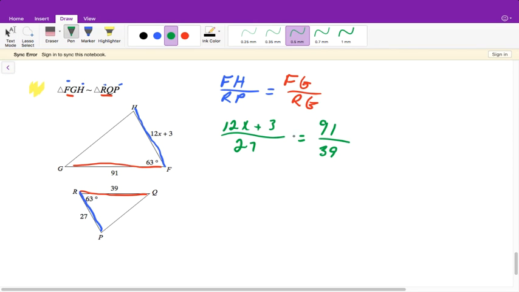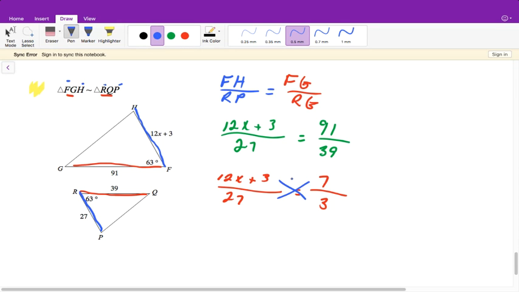So in these, 13 goes into both of these. 13 goes into 91 7 times, and 13 goes into 39 3 times. So I can then do 12x plus 3 over 27 is equal to 7, because 13 goes into 91 7 times, over 3, because 13 goes into 39 3 times.